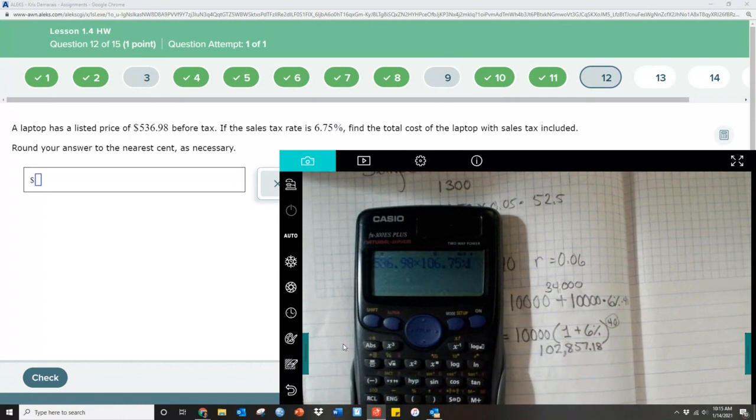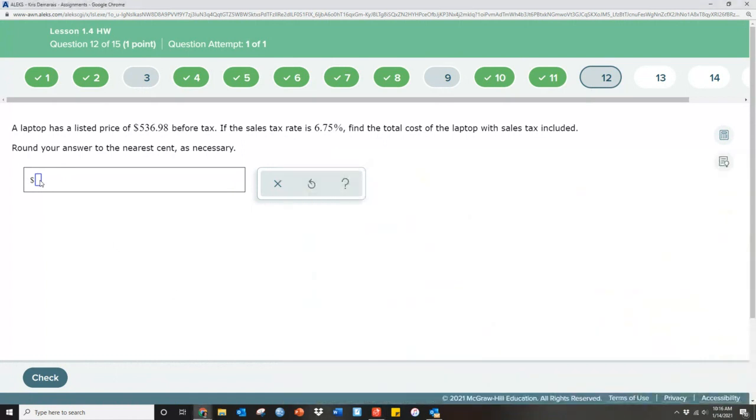Now, if you don't have a percent sign on your calculator, then just move your decimal point over 2 times to the left, meaning 1.0675. But I have a calculator that does the percent sign, and then there's my answer. I don't have to do anything else. The calculator's doing all the work for me. So it's 573.23.